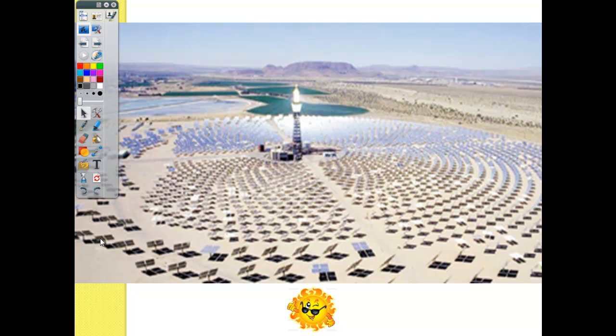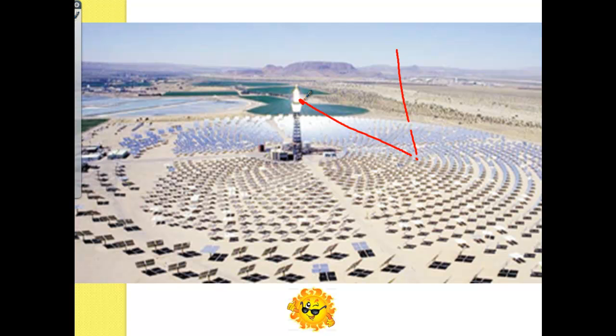All right, this one's a little bit different, where instead of focusing the light on a tube, here you're focusing it on a tower. So you have a whole bunch of mirrors that rotate with the sun, so that no matter what time of day it is, the sunlight will hit those mirrors and focus the light onto the one tower that you see there. These mirrors that rotate with the sun are called heliostats.